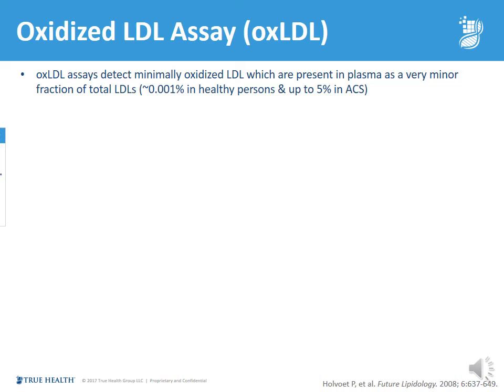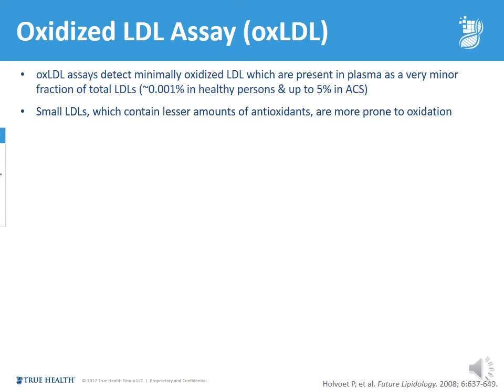If you look at minimally oxidized LDL particles and compare them to all of the LDL particles that are circulating, they're a very minor fraction. In healthy persons, they pretty much don't exist. In people who are having an acute coronary syndrome, where there are many oxidative forces at play, maybe Ox-LDL totals up to 5% of total LDL particles.